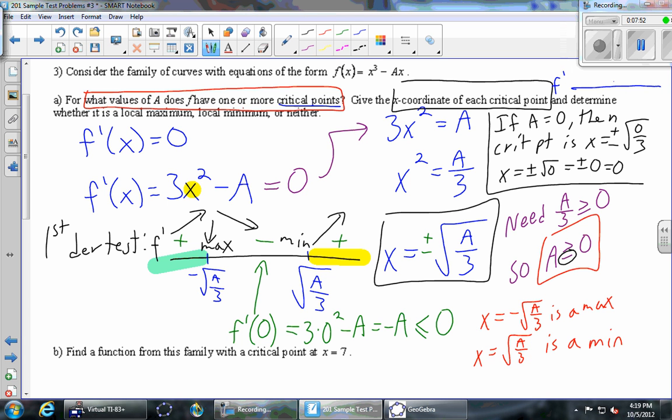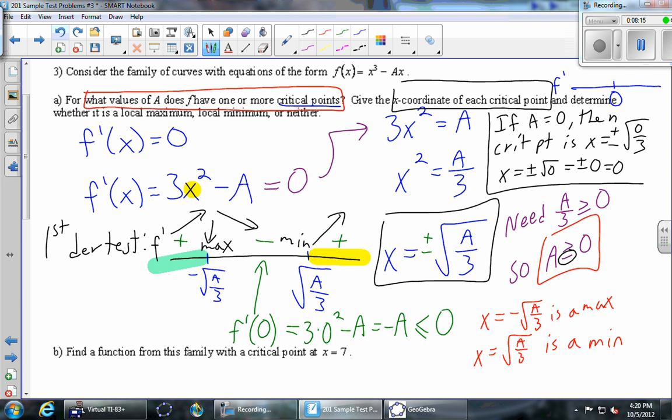So maybe we'll put it up here. I think we can squeeze it in. There's f prime. The only critical number now is 0. And again, we're going to plug numbers in on either side, in each of those intervals, into the derivative. If you pick a number bigger than 0, let's say x equals 100, then we're doing 3 times 100 squared. That's pretty big, and then you're subtracting a.